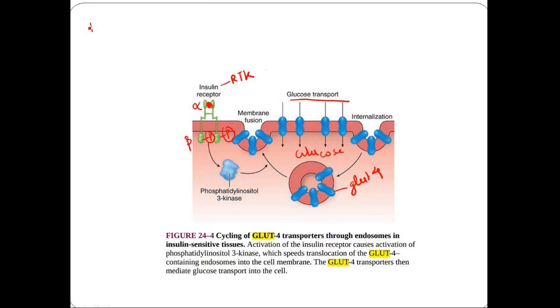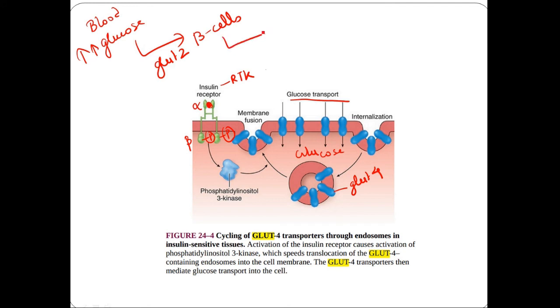As I told, when blood glucose level goes very high, the beta cells of pancreas have GLUT2 which is present in the membrane, and it will transport blood glucose inside the beta cells of pancreas, and it will cause insulin secretion.